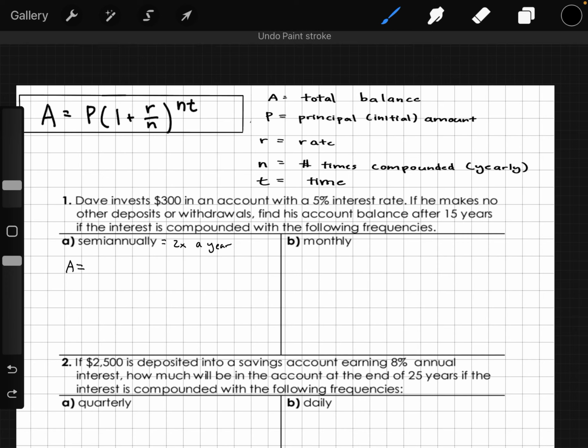So the total balance A is equal to the initial amount. He invests $300 in the account, so 300 is the initial amount, times 1 plus R. R is the rate, a 5% interest rate.